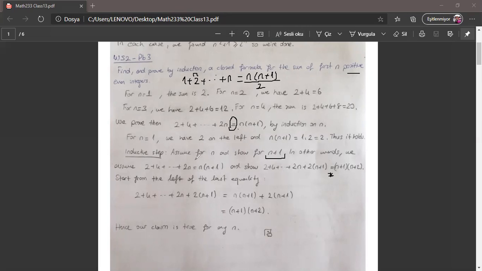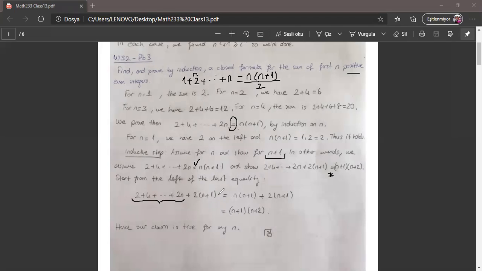By assumption, we assumed it's true for n, so we have this, okay? Why do we have 2n here? Because we know they are all even integers, that's why we denote it by this, okay? So we assume this, then we know this part is equal to n times n plus 1, okay?